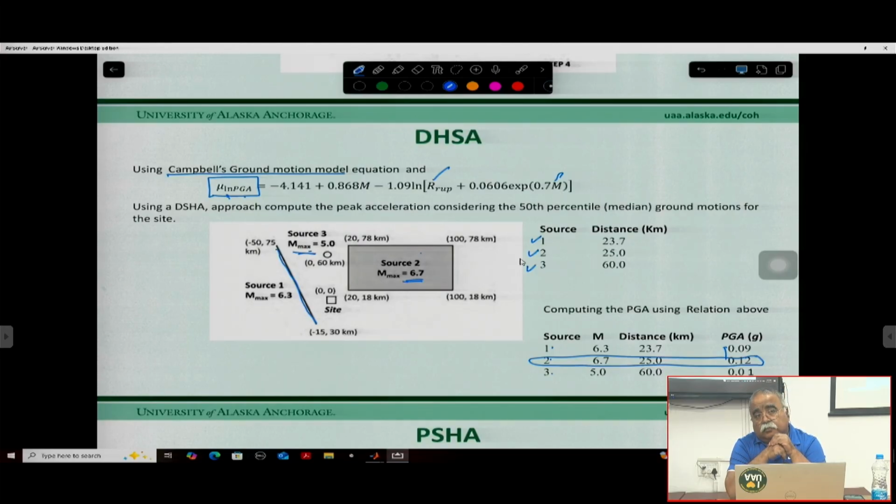Yes. The thing is that the source functions are very different, one is a point source and the other is a line source, but it doesn't matter. The only thing that matters is where the earthquake occurs and what is the distance from the site to that.